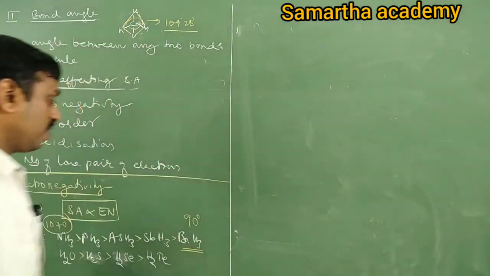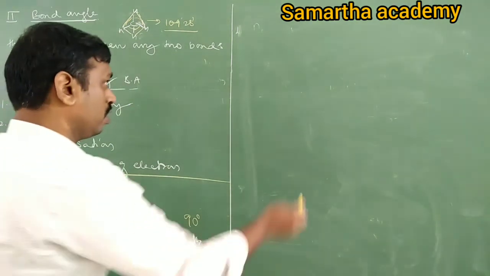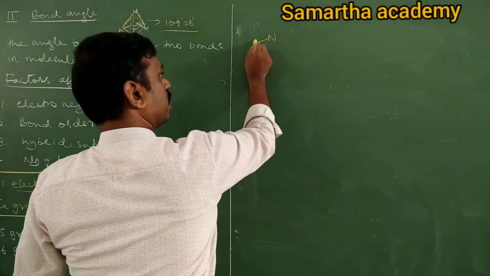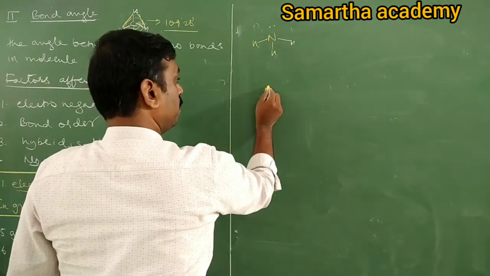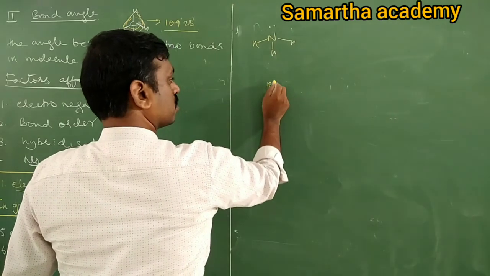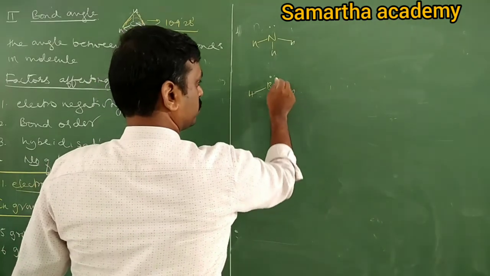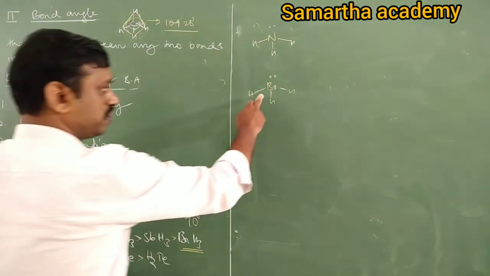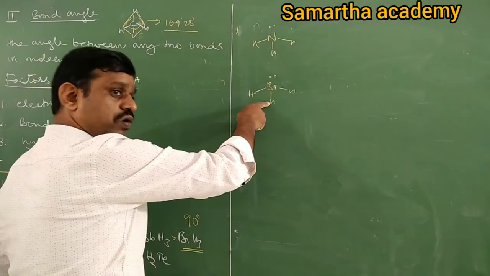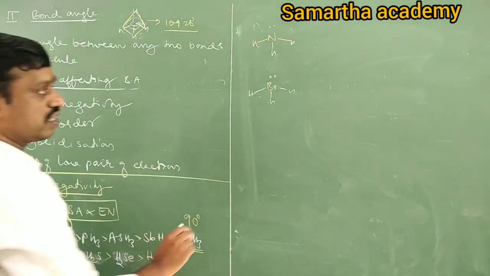Of course, the size of the central atom increases: nitrogen, phosphorus, arsenic, antimony, bismuth. In nitrogen there are 3 hydrogens and 1 lone pair. Even in bismuth it is again 3 hydrogens. But what is the difference? The difference is atomic size. The atomic size of bismuth is much greater than nitrogen.